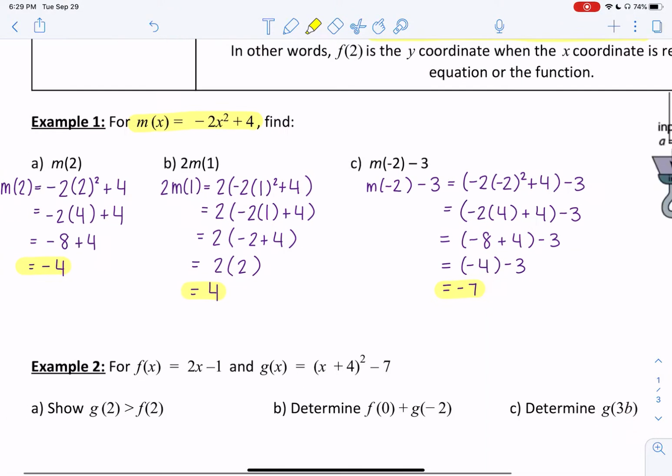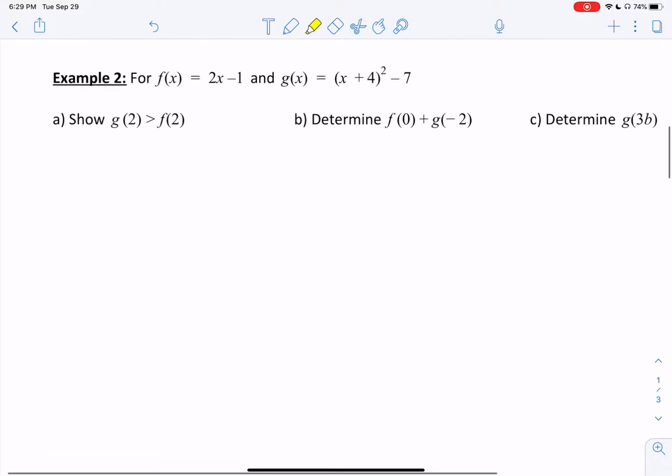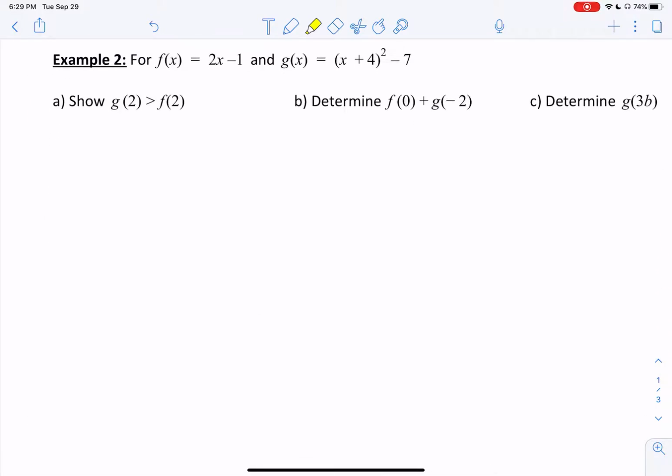So let's try another example that's a little different. So for f at x equals 2x minus 1 and g at x equals x plus 4 all squared minus 7, let's first show that g at 2 is greater than f at 2. So let's start by finding g at 2 and f at 2. So g at 2 will be 2 plus 4 all squared minus 7.